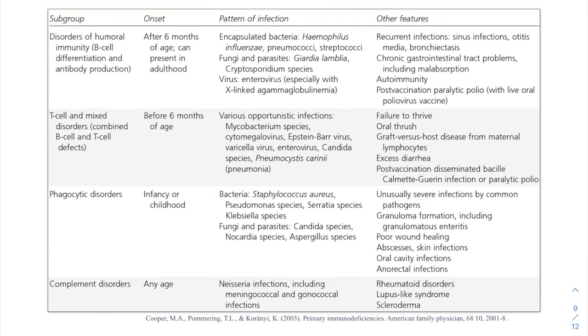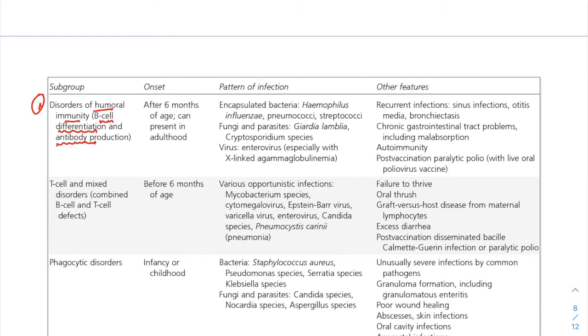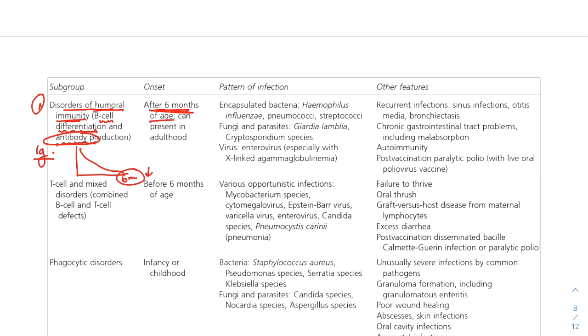First, discussing the disorders of humoral immunity, that is B cell differentiation defect or defect in antibody production. As I've already told you, in an infant's body, by 6 months of age the maternal IgG levels are almost depleted. So the disorders of humoral immunity in which the immunoglobulins are defective manifest after 6 months of age when the maternal IgG becomes less.